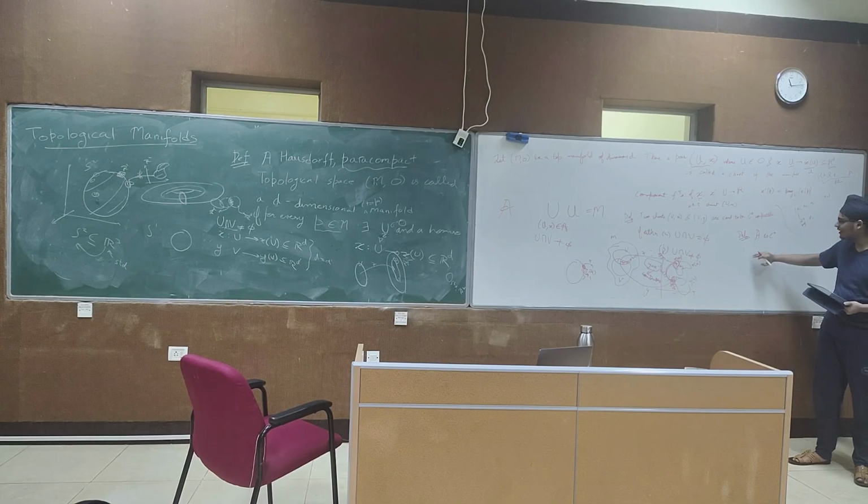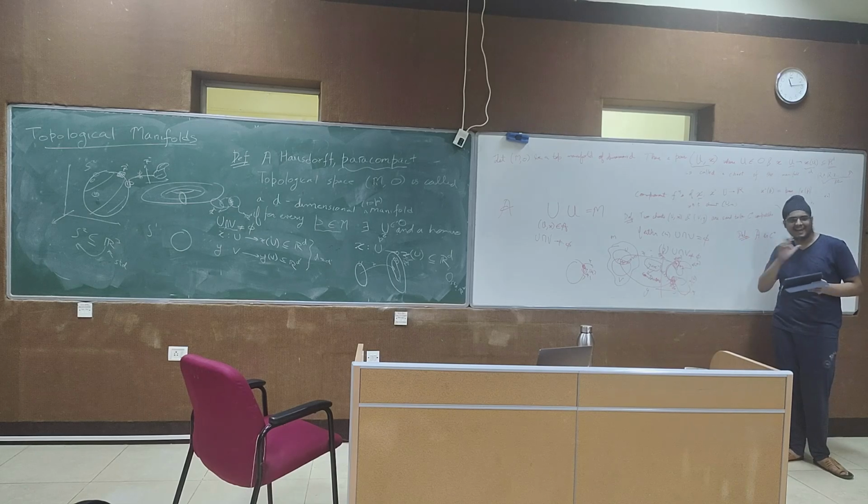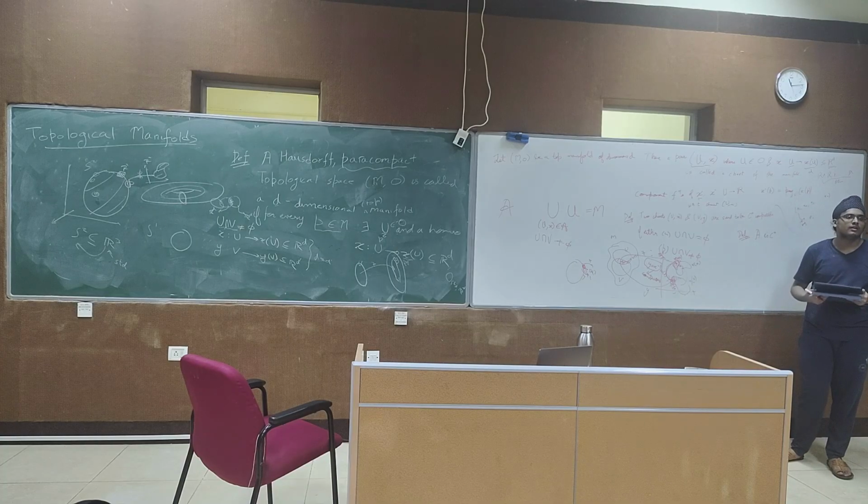An atlas is a collection of charts. It contains many charts. If any two of those charts are C0 compatible, then the atlas is C0 compatible. Here, any means for all. No matter what we do, it has to be.